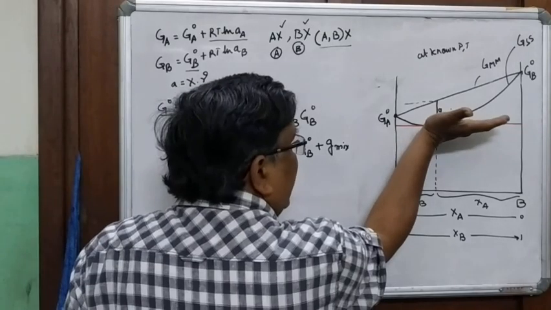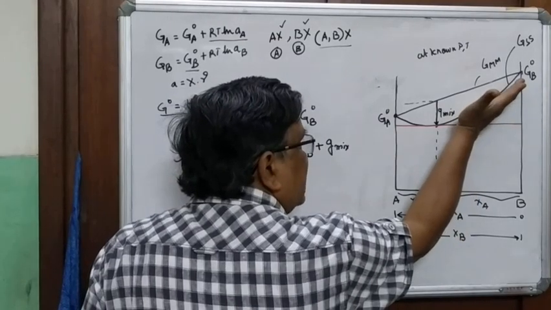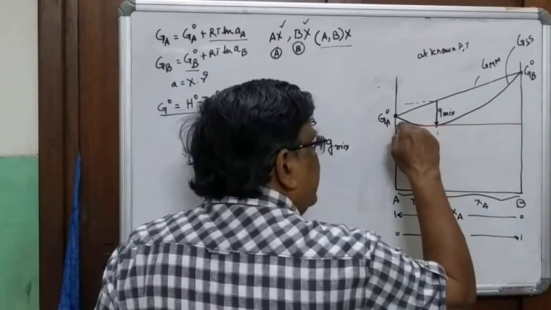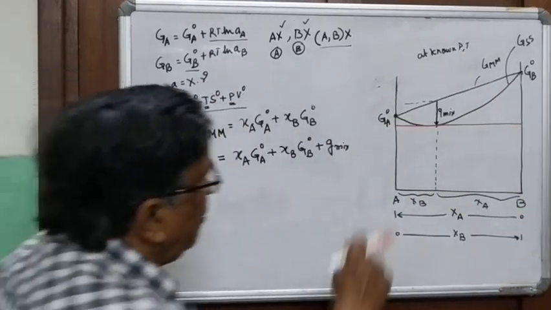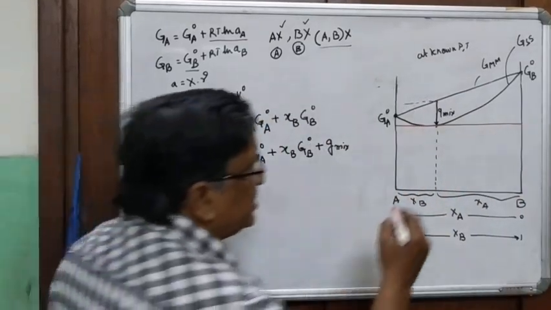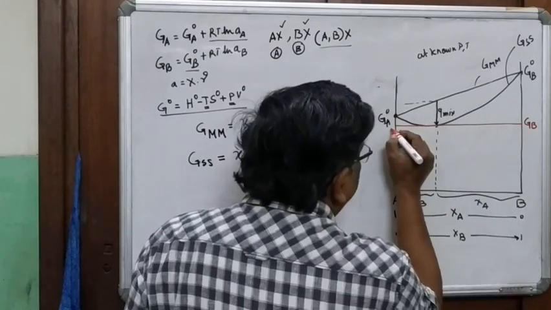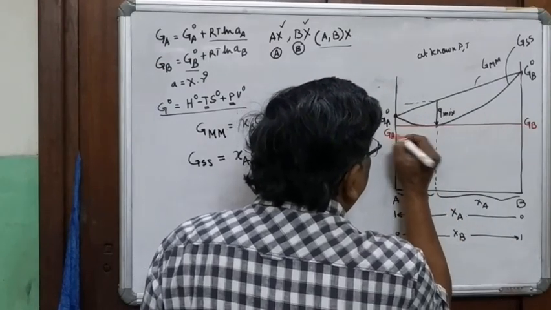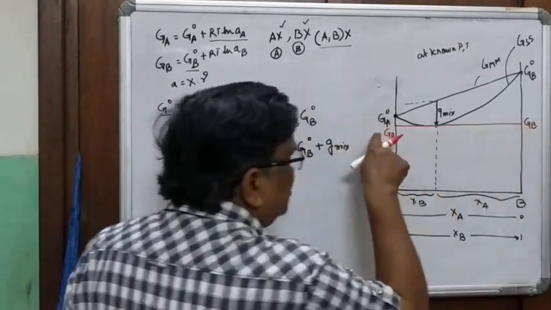Remember, this line is like this. If I shift the point here, then the line is like this. If I shift the point here, the tangent is like this. So now, what are the two end members of the tangent? This is GB and this is GA.